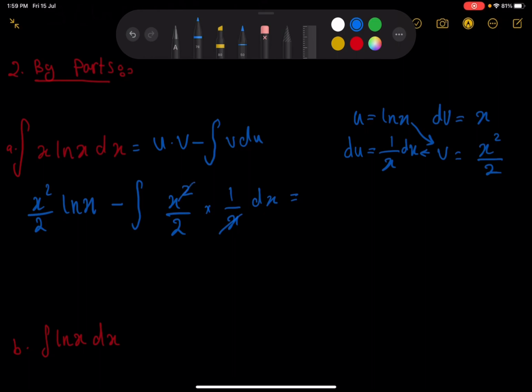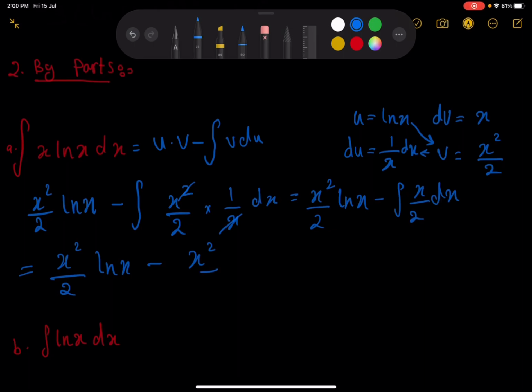So we're gonna have x power 2 over 2 ln x minus x over 2 dx. So then I'm gonna integrate this part. So I will have x power 2 over 2 ln x minus, the integration of this will be x power 2 over 4, and don't forget the c.